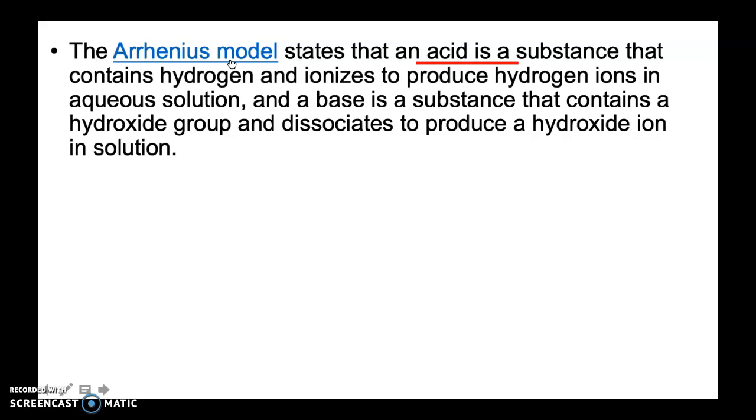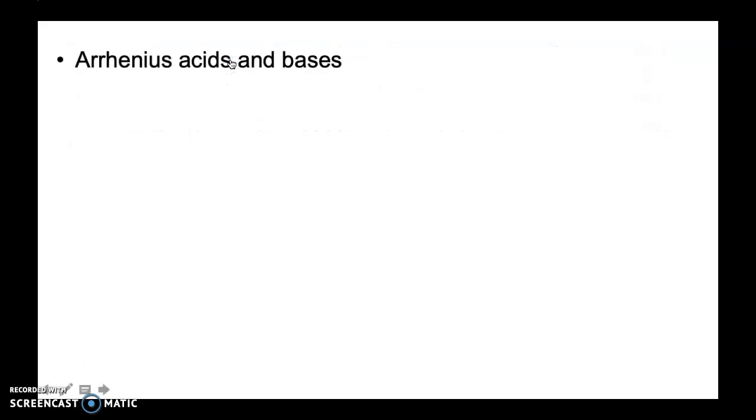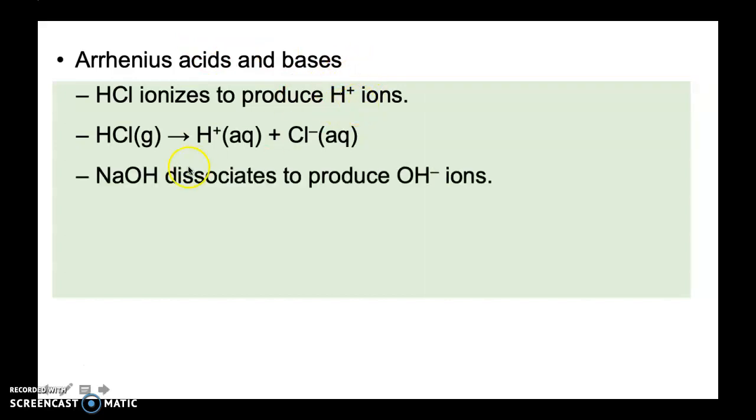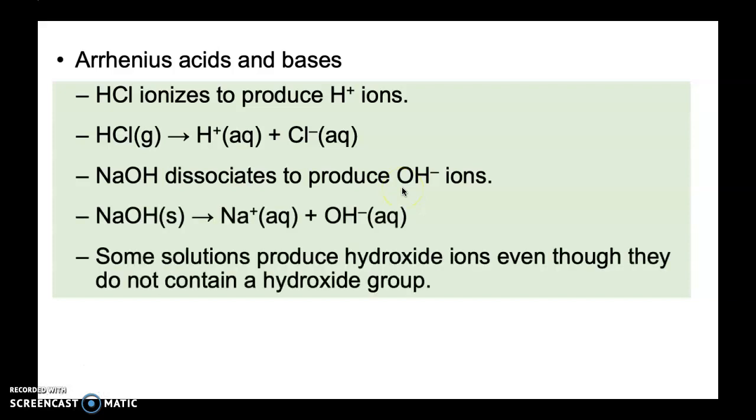So Arrhenius defines acid as the one that has hydrogen ion in it, and a base has hydroxide ion. So if you have HCl, it has hydrogen ion, so that's your acid. Sodium hydroxide, it has OH or hydroxide ion, that's your base. That's his definition of acid base.